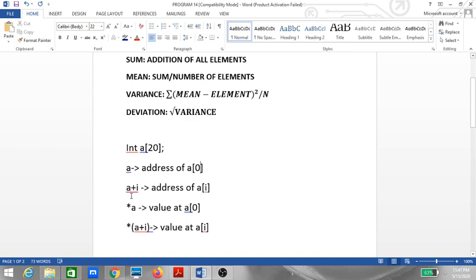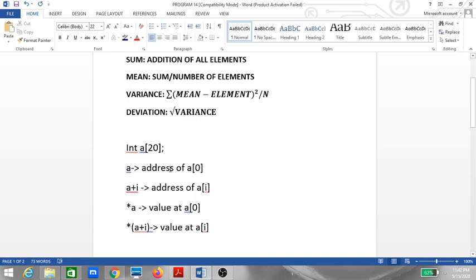Now, if I write a plus i, that means the array name plus some number i, which can be 0, 1, 2, 3, any value that is within 20, then I am referring to the address of a[i]. That means if I write a plus 2, I am referring to the address of a[2]. Please understand this. And then if I use star, whenever we have a star operator, we talk about value.